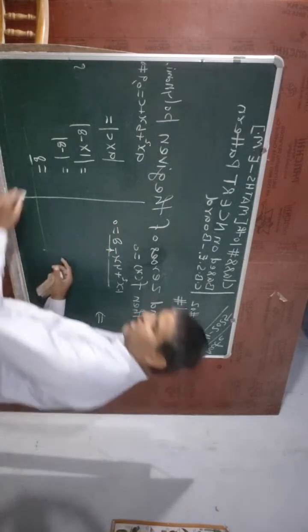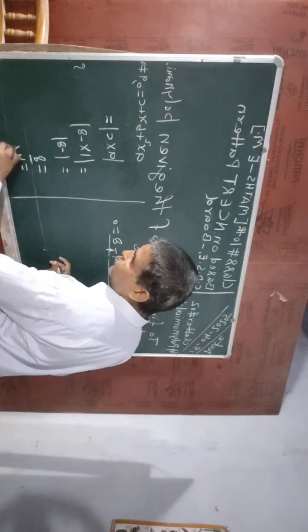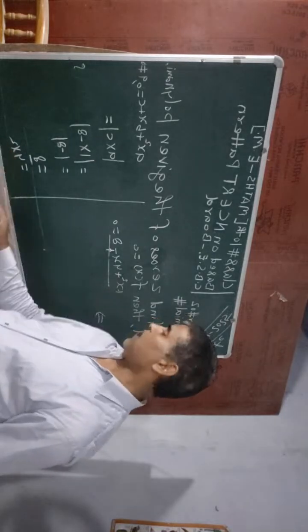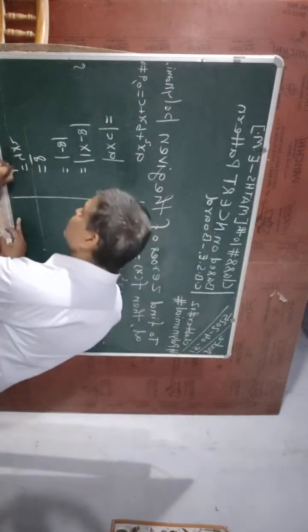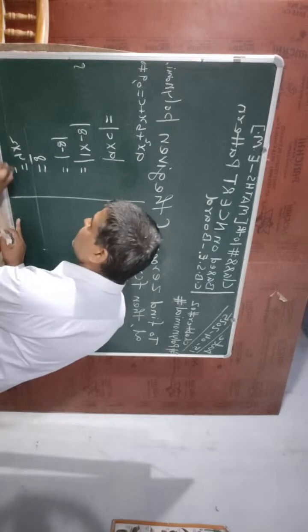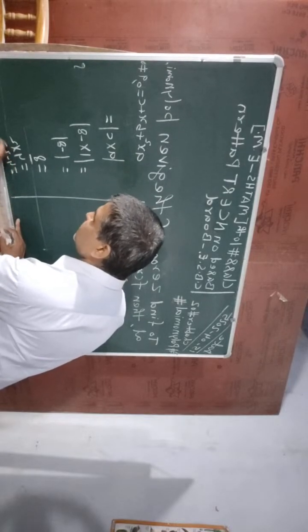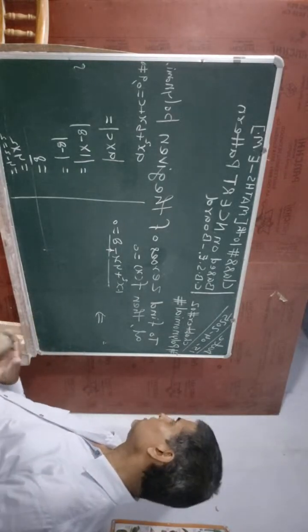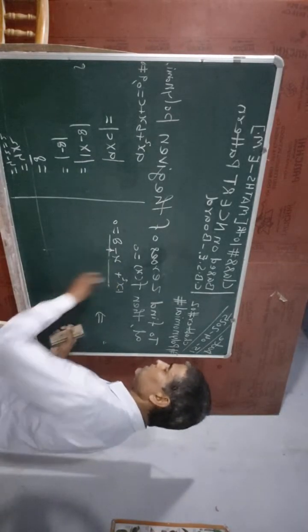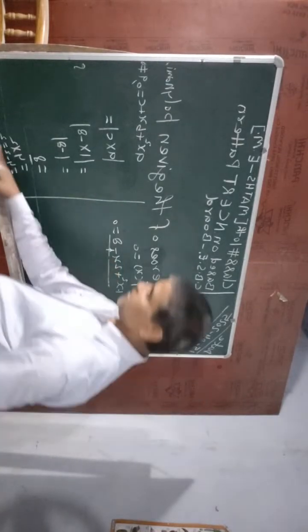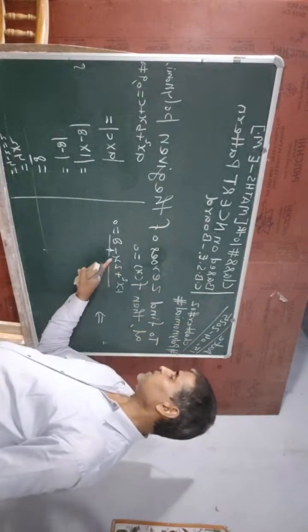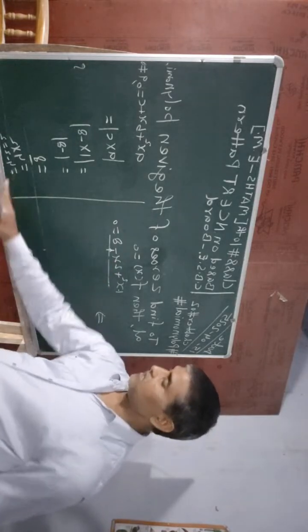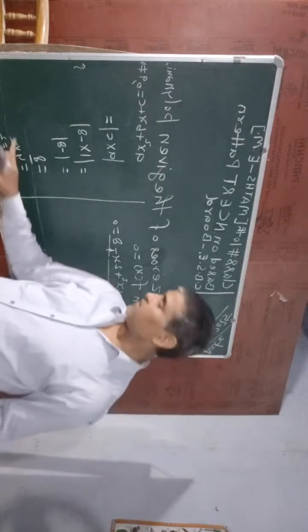So 4 into 2 is 8, and 4 minus 2 is 2, so the coefficient of x is 2. One factor will be 4 and the other factor will be 2.